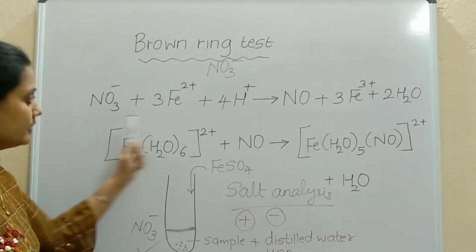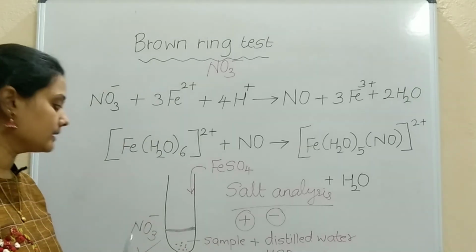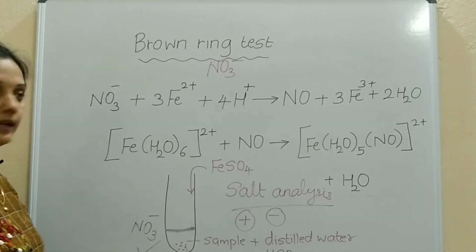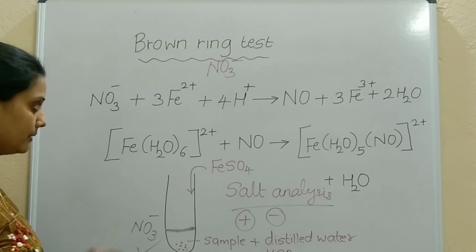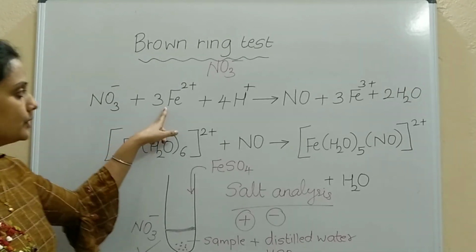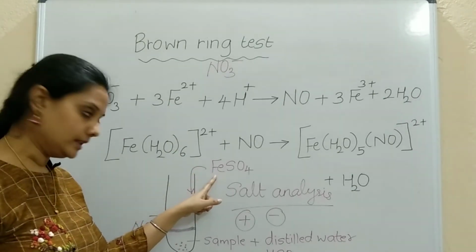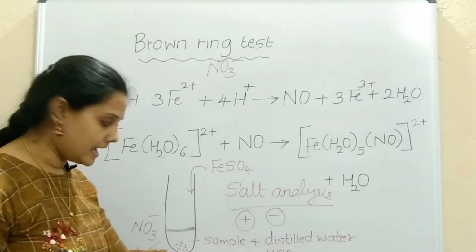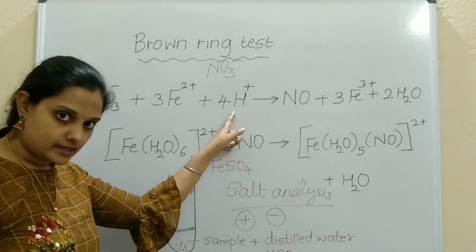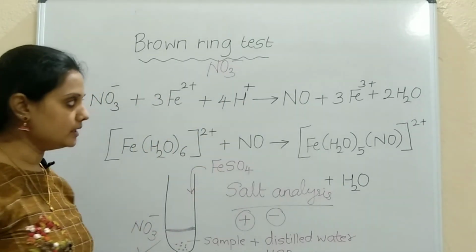Now the reaction for this test, how it is done. So nitrate ion, I have written the ionic equation here. Into that you are adding FeSO4, so Fe2 plus, correct. Into that you are adding acid also, H plus. It is an ionic equation.